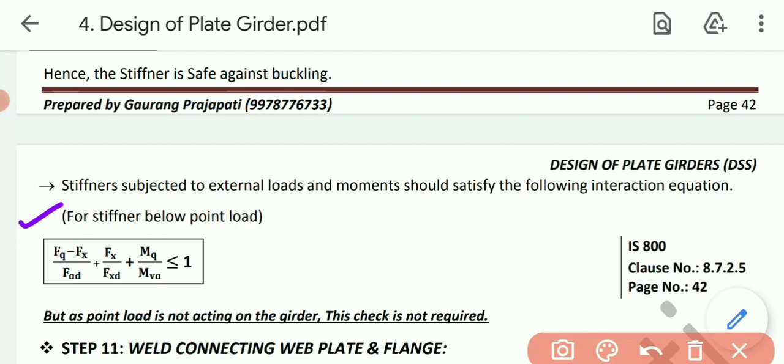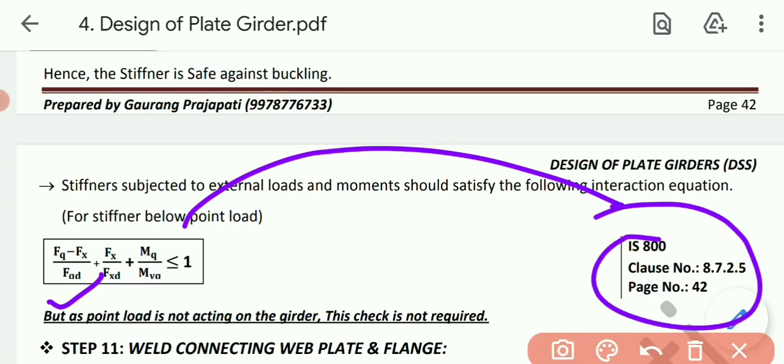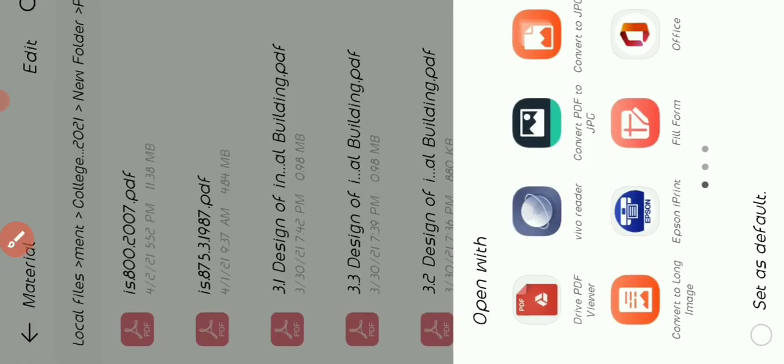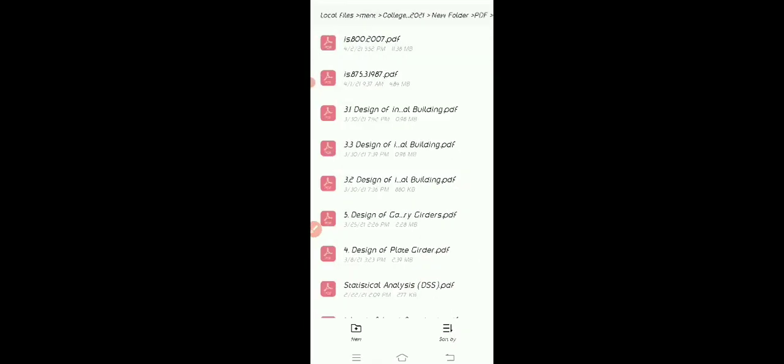See, the stiffener subjected to external loads and moments should satisfy the following interaction equation for the stiffener below the point load. That formula is on page number 62. Just a minute, let me take you to the formula.